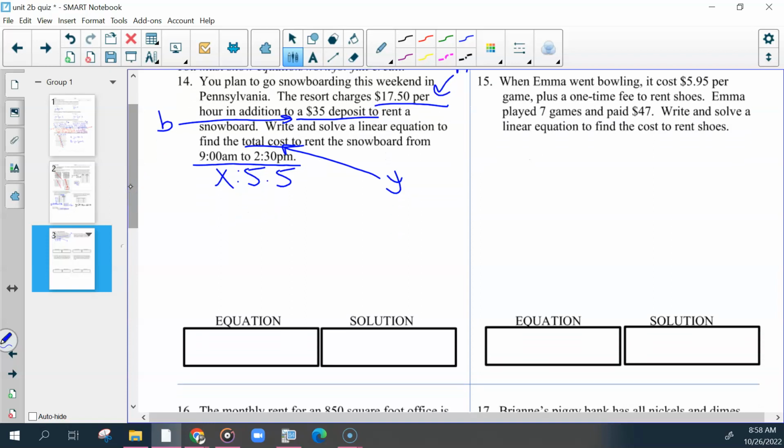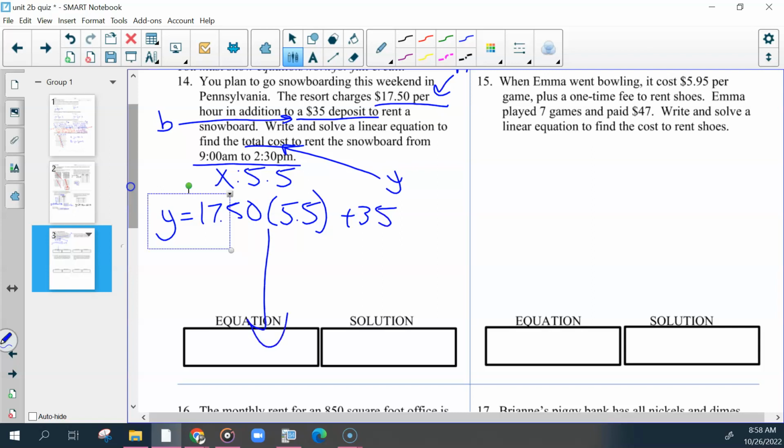Your equation, putting in all of your numbers, you don't know Y, you know M, you know X, and you know B. That would be the equation I need to see in your equation box.